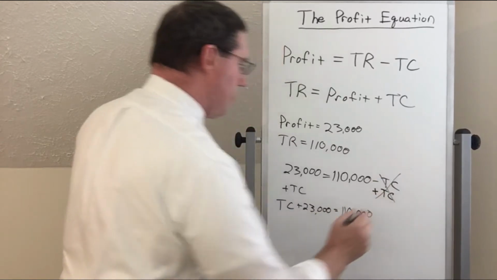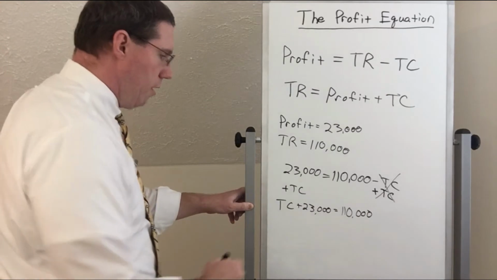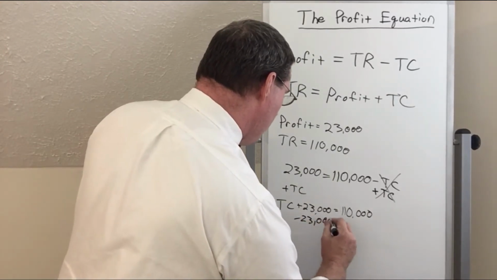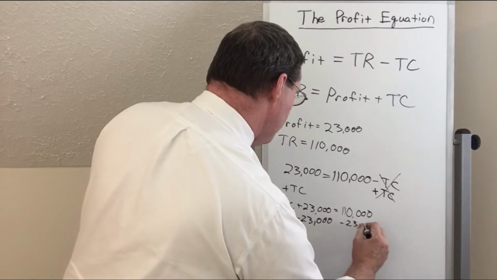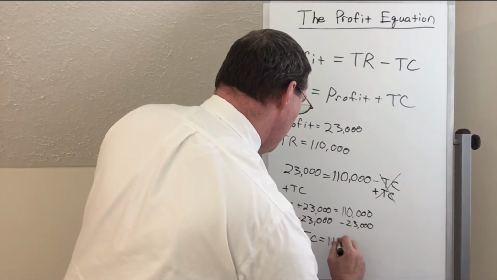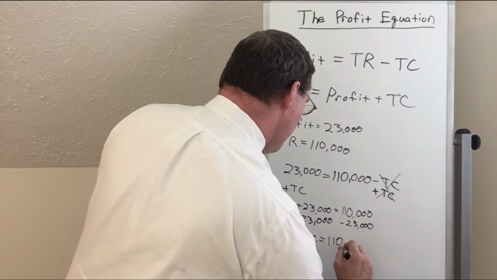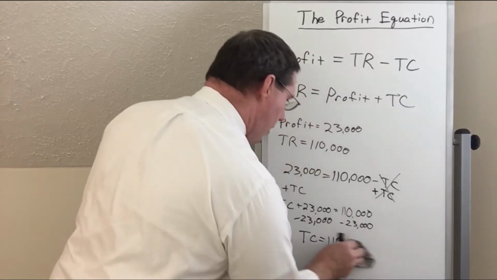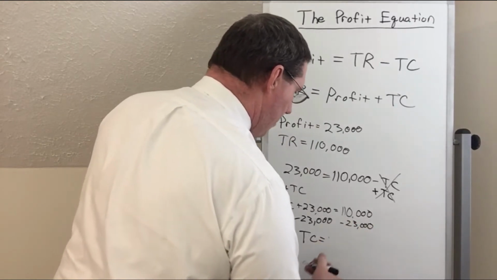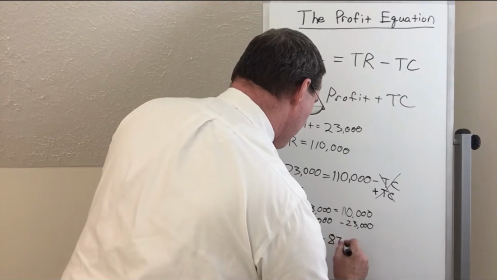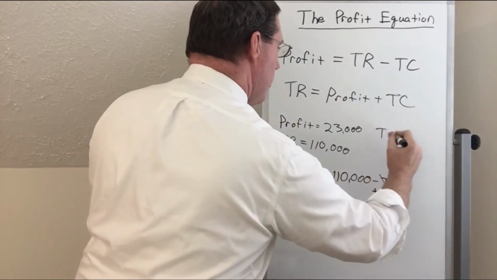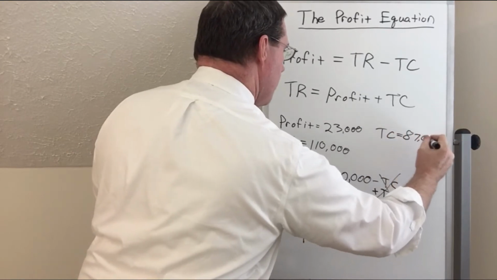Because over here I cross out the minus total cost. And now here I'm going to subtract 23,000 from both sides. Minus 23,000. And I get total cost is equal to 110,000 minus 23,000. You may need a calculator for that, but I know that it's going to be 87,000. Okay? And so, total cost in this particular case is 87,000.